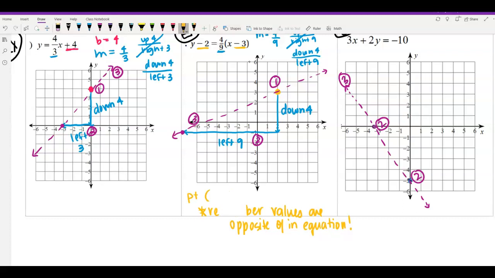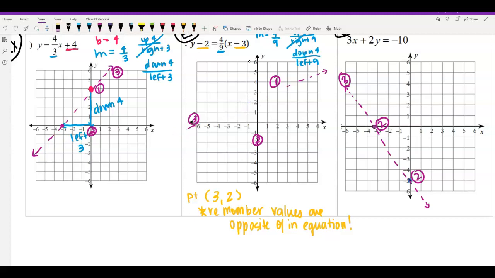So while we're doing this, let's talk about the fact that 3, 2 comes from those values by the x and y value, but they are opposites of what's in the parentheses. So we have x minus 3, so that's really a positive 3 point. And we have y minus 2, so that's really a positive 2 point.